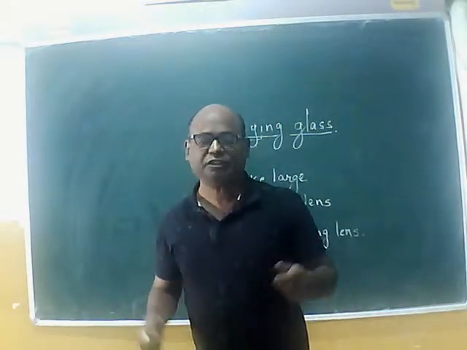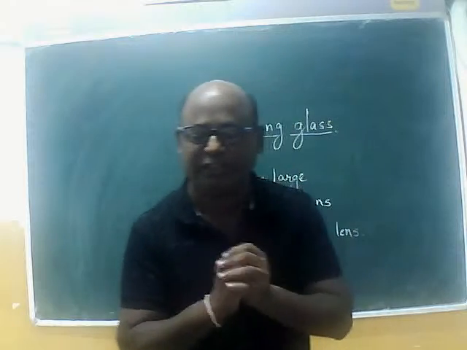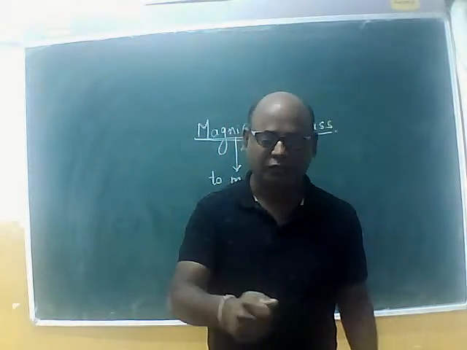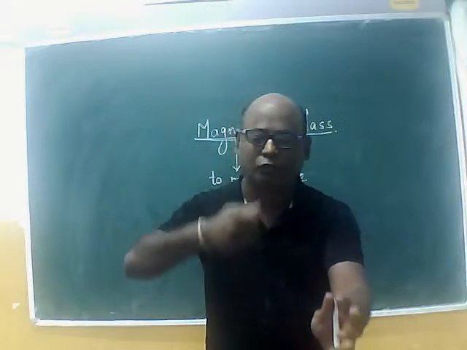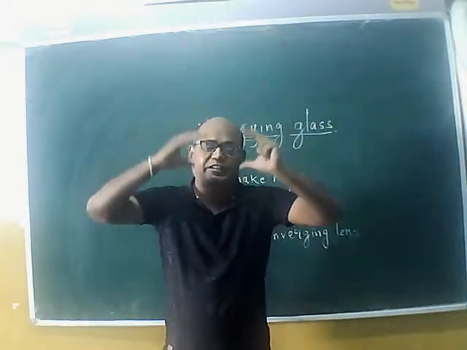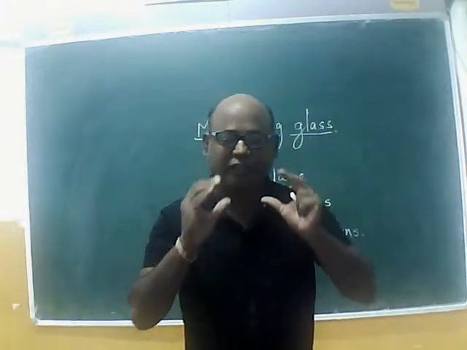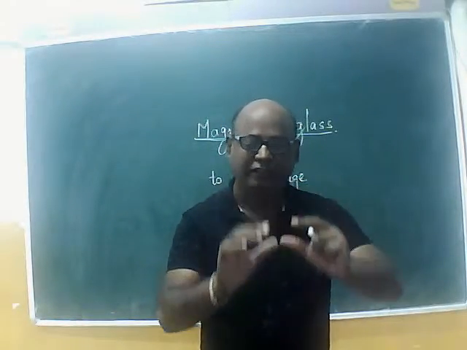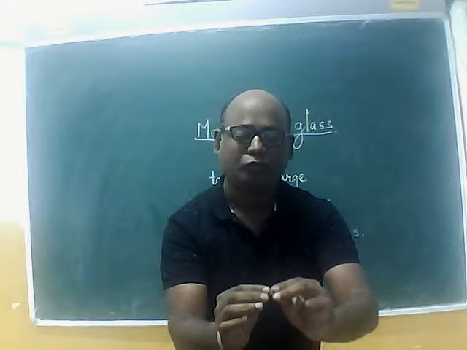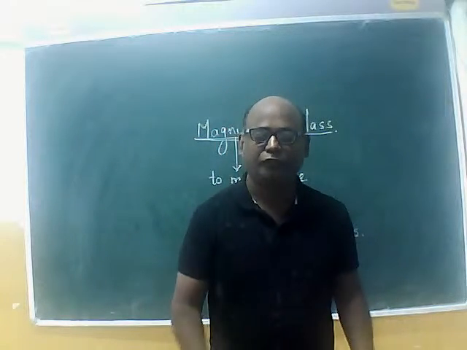We use this convex lens many times for playing also, small children use it. The rays of light falling on the lens go parallel through the lens, and after refracting through the lens, they get concentrated at a point.